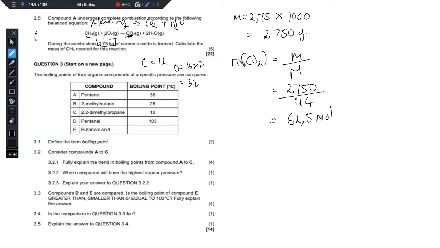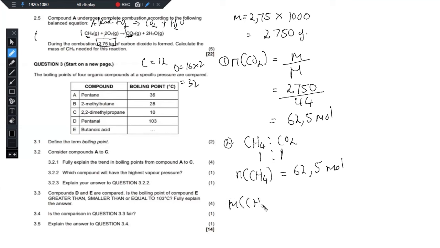Now that you have the number of moles, your basic stoichiometry says step 2 is to compare the molar ratio. So we'll say what is the ratio of CH4 to carbon dioxide. From our balanced equation, we can tell that it is 1:1, which means the number of moles of methane should also be 62.5 mole, because the same ratio means they have the same number of moles. Now, to calculate the mass of CH4, from this formula here, I'm supposed to say n multiplied by the molar mass.